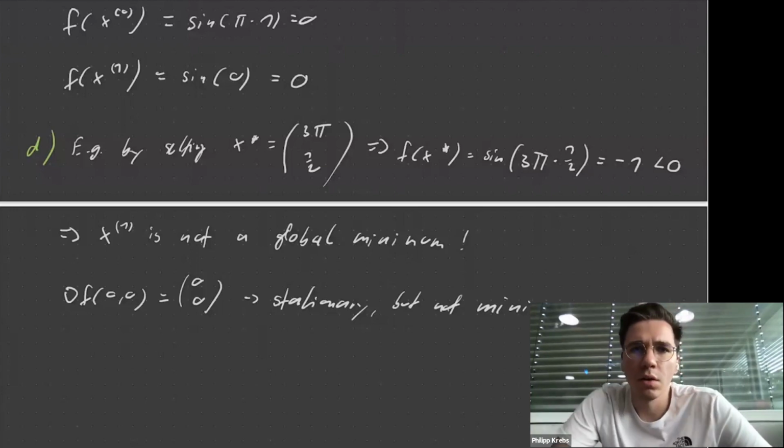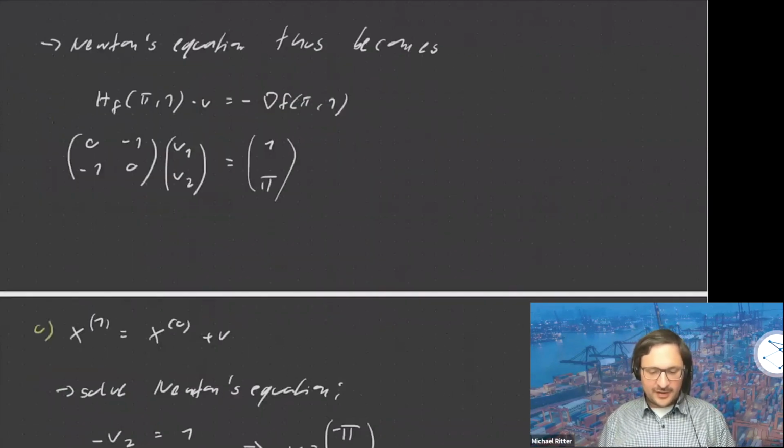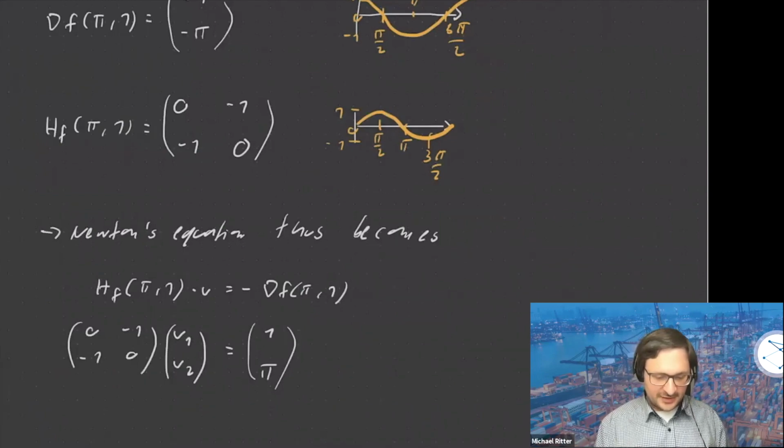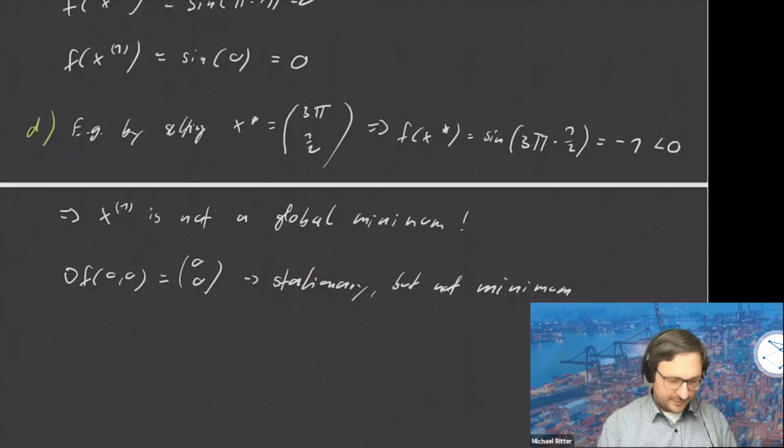Basically, all we have to do here in question D is find a value of x that yields a function value that is below 0. So we can prove that the current point cannot be a global minimizer. And by looking at the graph of the sine function, we can see that, of course, there are points of the sine function where the function value is below 0. The only question is with this function f here.